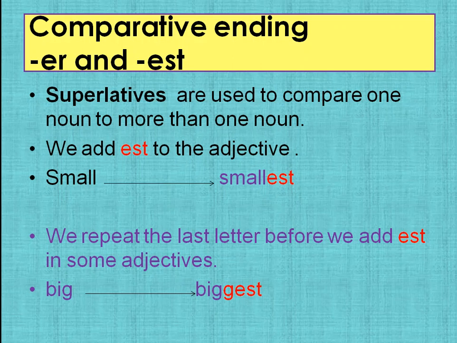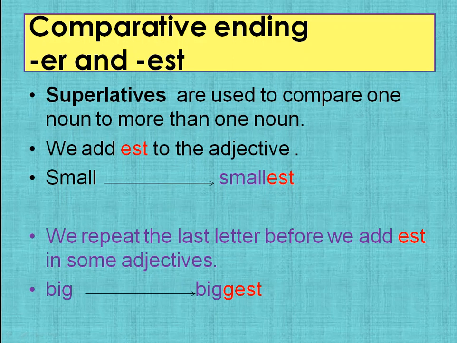Okay? Smallest. We add EST to the adjective. So I can say that the ant is the smallest insect. Okay, we repeat the last letter before we add EST in some adjectives, as in big and biggest.